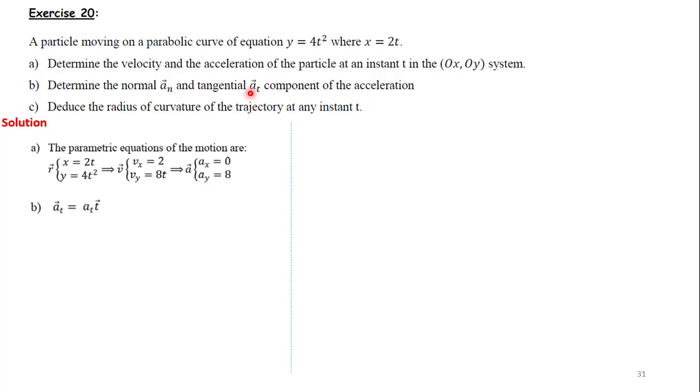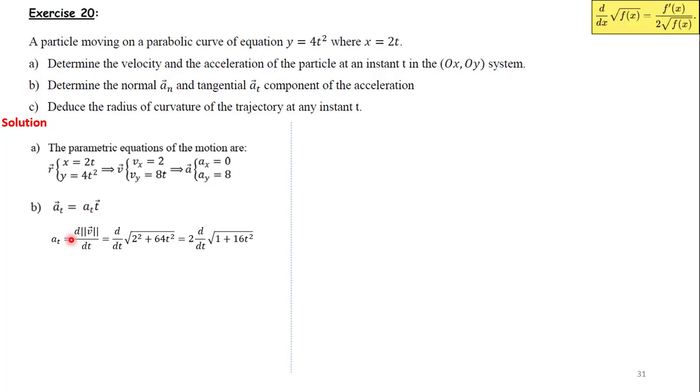Okay, so let's first start with the tangential acceleration. It's equal to at along tau. So we need to find what is at and what's tau. At is equal to d over dt of the magnitude of the velocity vector. So what is the magnitude of the velocity vector?